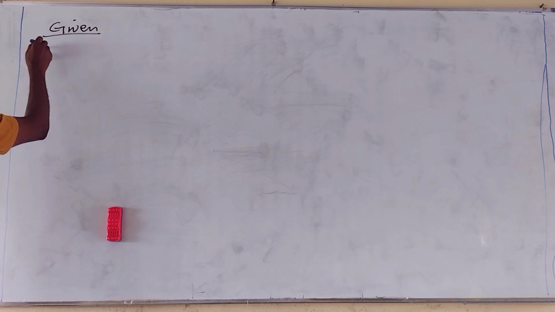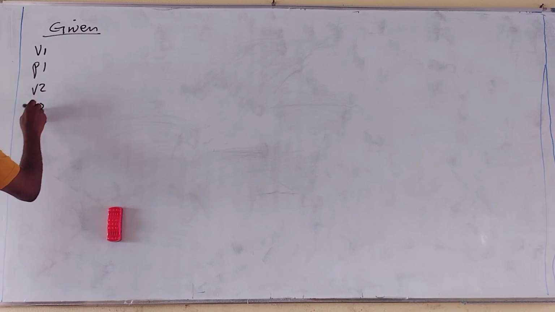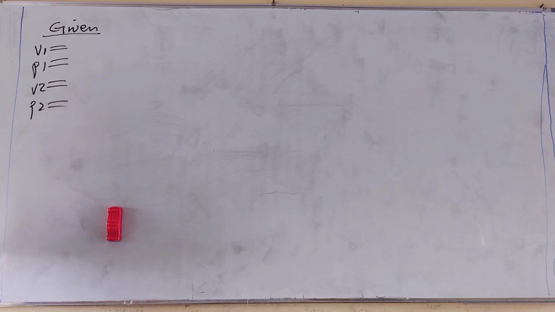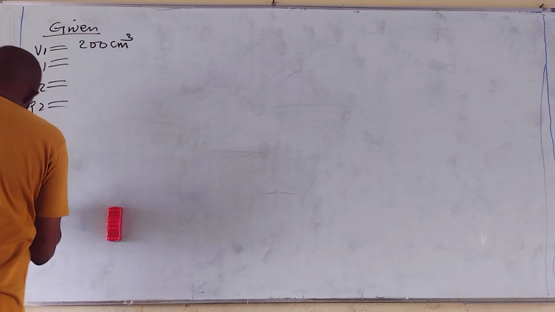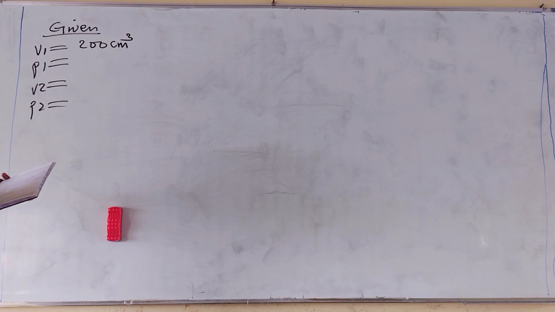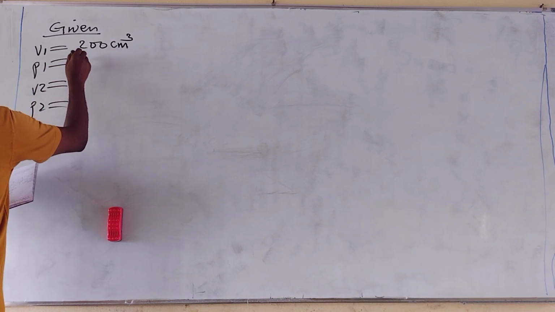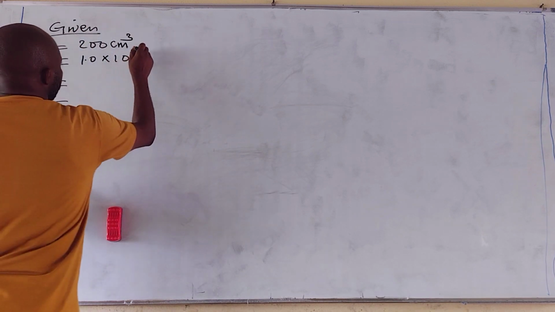We have V1, P1, V2, P2. I say a certain mass of gas occupies 200 cm cubed, which is our V1. At 1.0 times 10 raised to the power 5 Newton per meter squared, which is our P1.